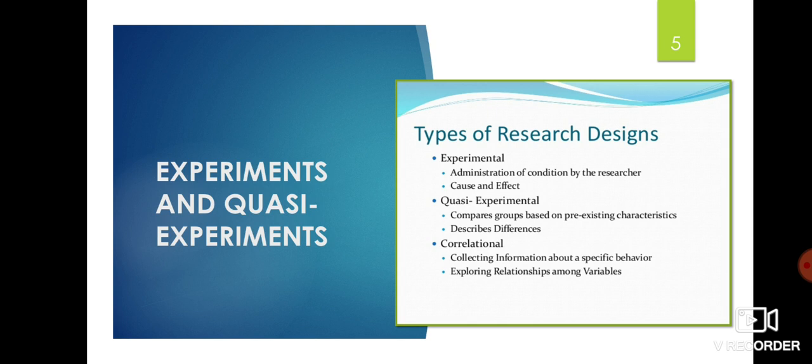Okay, ulit. Number 1, ang true experiment, kaya mong i-control ang treatment condition. 100% control over treatment condition. Ang true experiment, kaya mong randomize kung saan mo ilalagay ang iyong subject or participants.